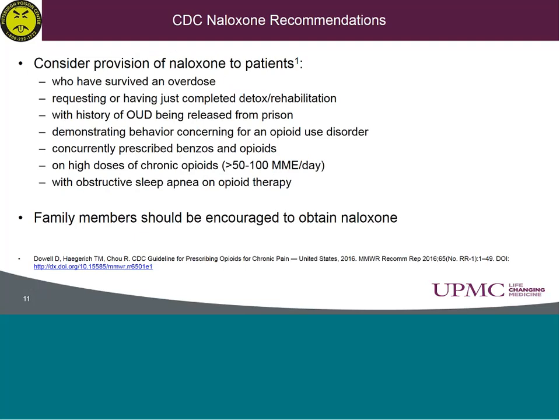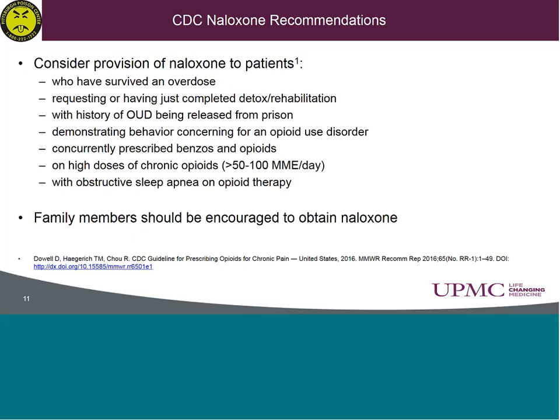So who does the CDC recommend giving naloxone to? Patients who survived an overdose, requesting or having just completed detox or rehabilitation, and that's an important group depending on the timing. Certainly for any of these, a common theme is loss of tolerance.